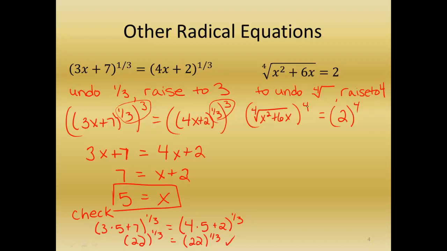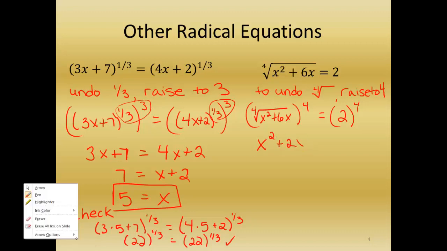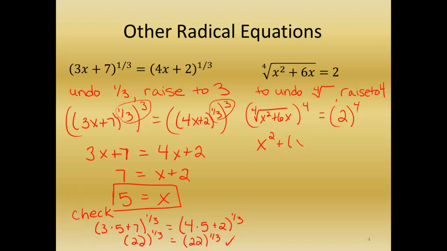The fourth root and the fourth power cancel, so I have x squared plus 6x equals 2 to the fourth power. 2 times 2 is 4, times another 2 is 8, times my fourth 2 is 16.